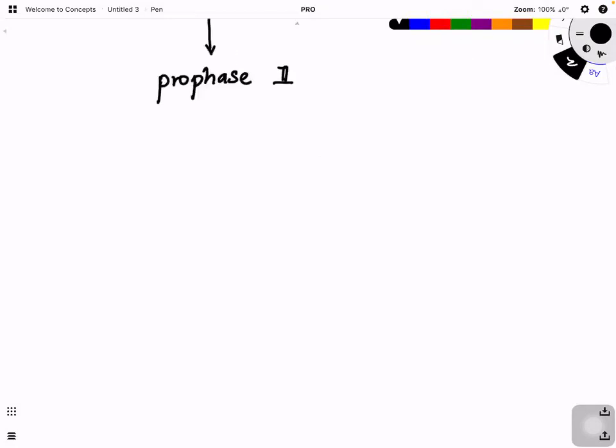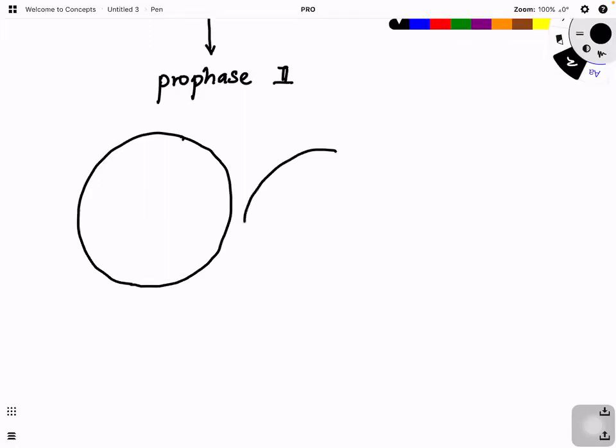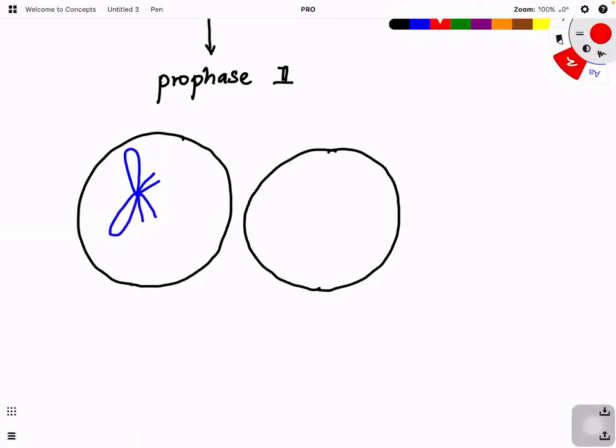The events are also the same. So we have 2 cells now, and I need to take care of these 2 cells. Here we have a blue one. Can you see that? They are already coiled or condensed into the chromosome.